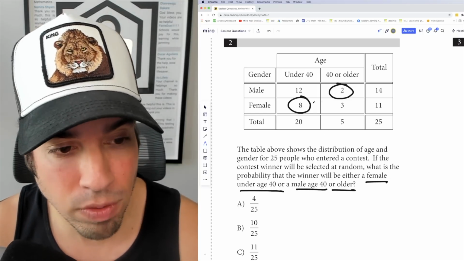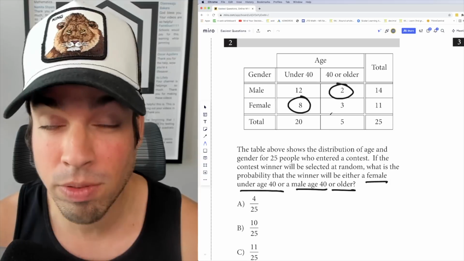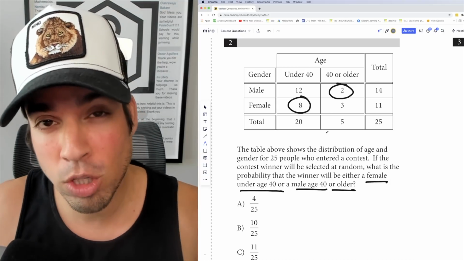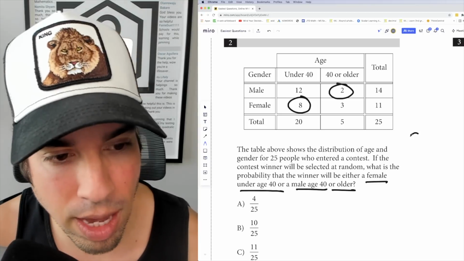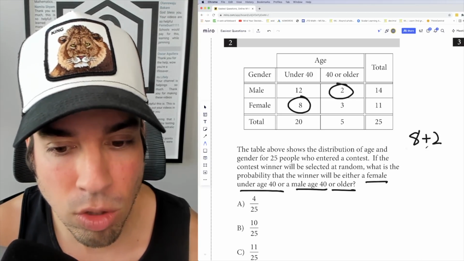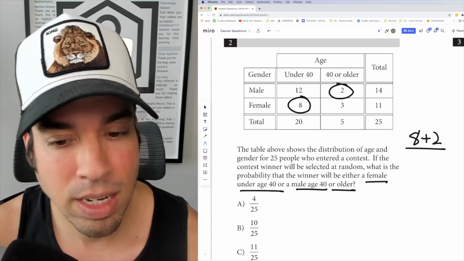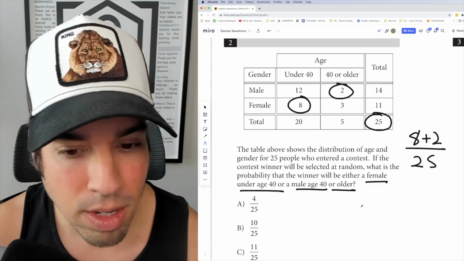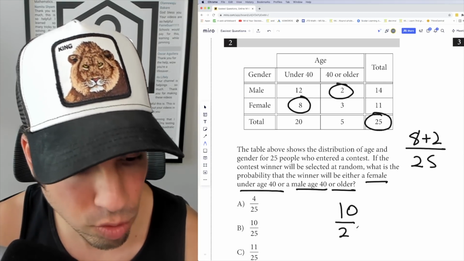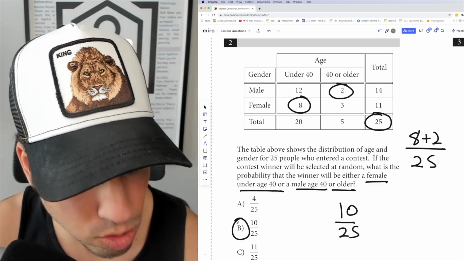It means it could be either of those two. So I'm going to add those two. If it's an and, this would be a situation where you take the probabilities and you multiply them. Here, it's addition. So we're going to take 8 and we're going to take 2. Those two are going to be combined, and it's 8 plus 2 out of the total, which is 25. That gives me 10 out of 25, which means B is the winner.